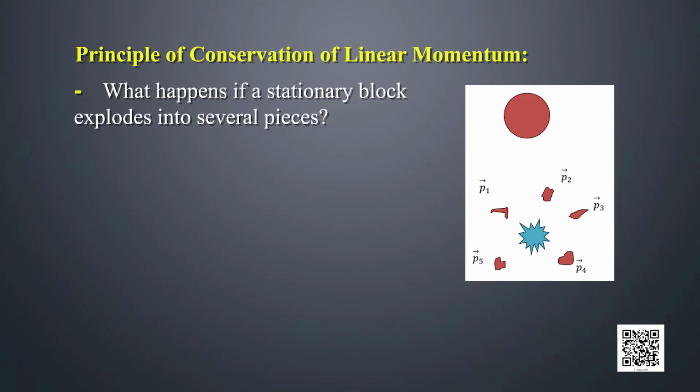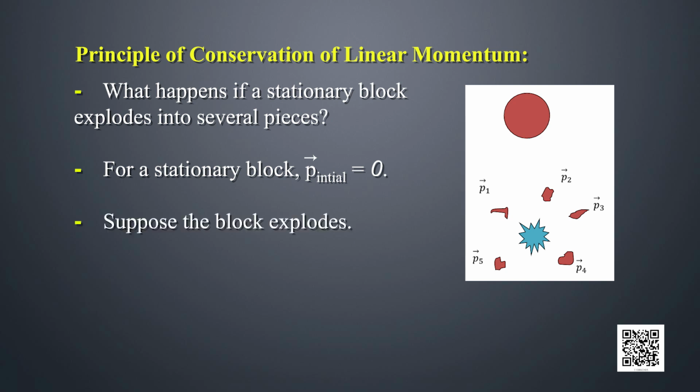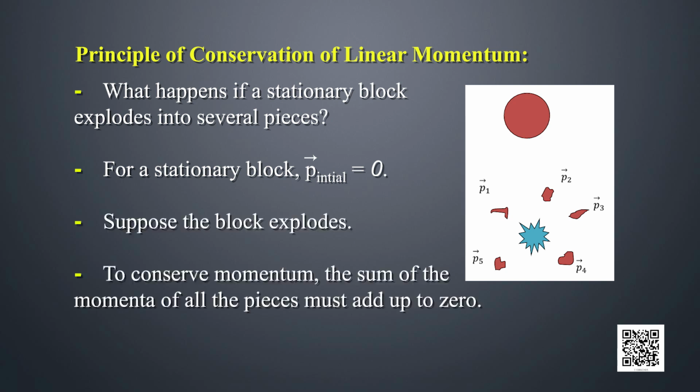Let us now consider some examples which illustrate the principle of conservation of linear momentum. What happens if a stationary block explodes into several pieces? For a stationary block, the initial momentum is 0. Suppose the block explodes. To conserve momentum, the sum of the momenta of all the pieces must add up to 0.